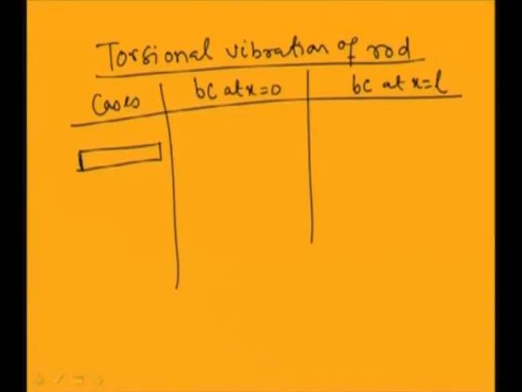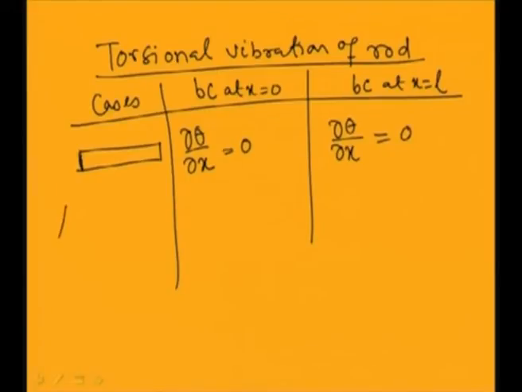As both ends are free, we can write the boundary conditions like this: the slope at both ends will be equal to 0, that is del theta by del x equal to 0 at the left end. Similarly, del theta by del x, the rate of rotation, at the right end will be equal to 0.